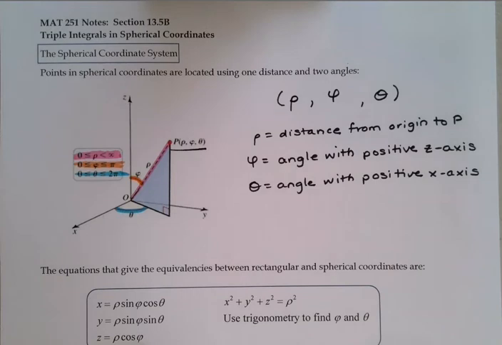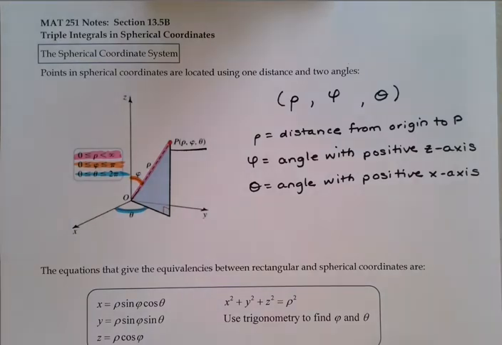We, however, are simply going to take them as givens. x, y, and z in terms of rho, phi, and theta. And then a really useful equation, x squared plus y squared plus z squared is equal to rho squared. To find phi and theta, we typically use geometry and trigonometry. We'll take a little look at that in a moment.